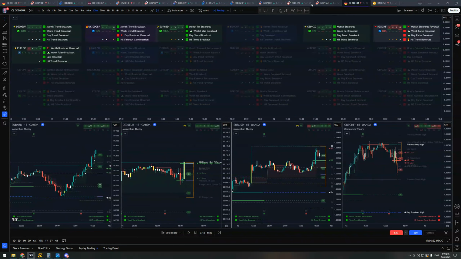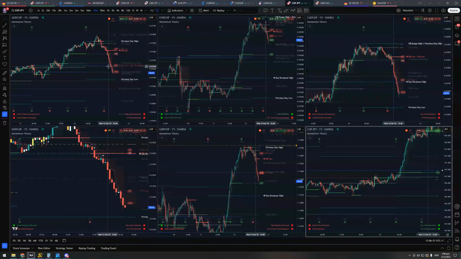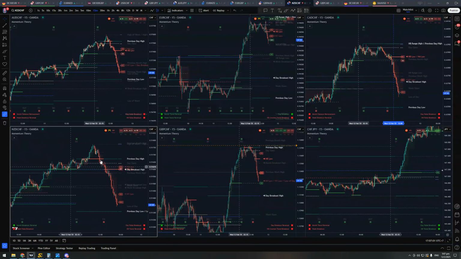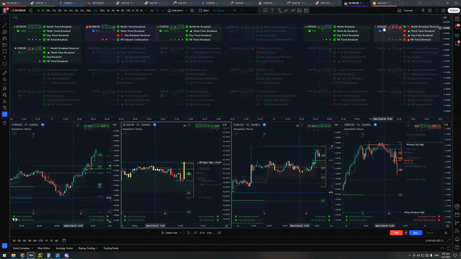I think it was NZ Swiss. One of the Swiss pairs, I think, looked really nice in hindsight. I did not see it. Was it this one, NZD Swiss? It's a reversal trade, so this is going down. Oh yeah, so I think it was NZD Swiss. We have false breakout on the weekly and daily.